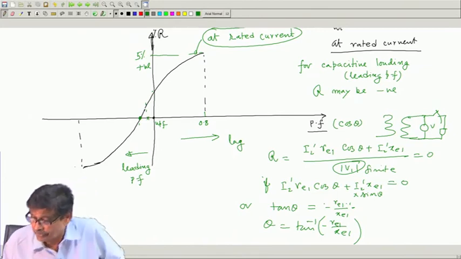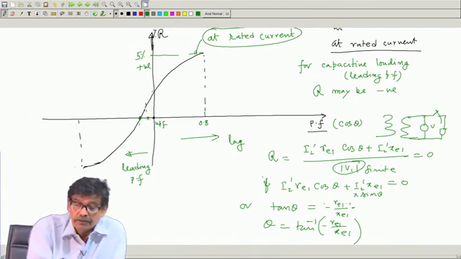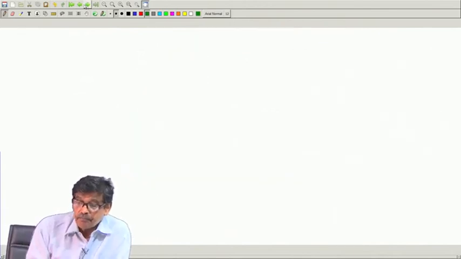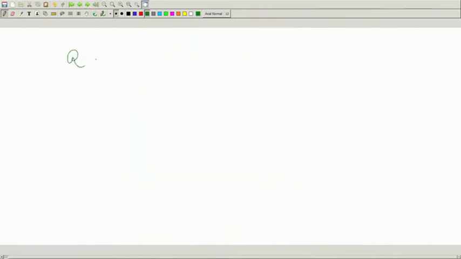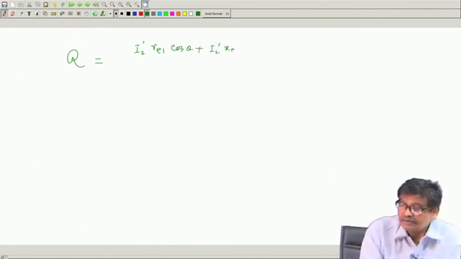Some more words about this regulation. Regulation is I 2 dashed or I 1, whatever you write, I 2 dashed R e 1 cos theta plus I 2 dashed x e 1 sin theta by V 1, is it not?